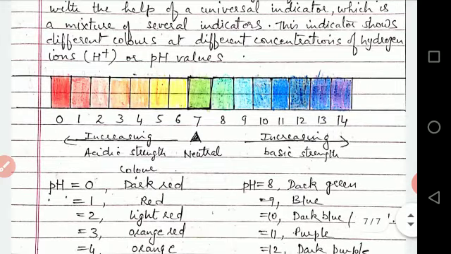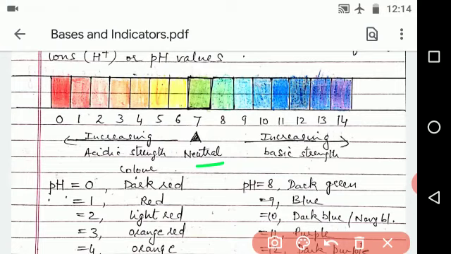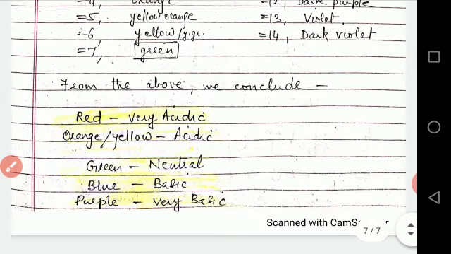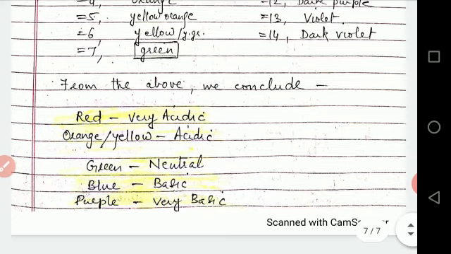As I told you, pH 7 shows the solution is neutral, less than 7 acidic nature, and more than 7 basic nature. From the above we can conclude that red color shows that the solution is very acidic, orange yellow shows it is moderately acidic, green shows neutral, blue shows basic, and purple or violet shows that it is very basic in nature.